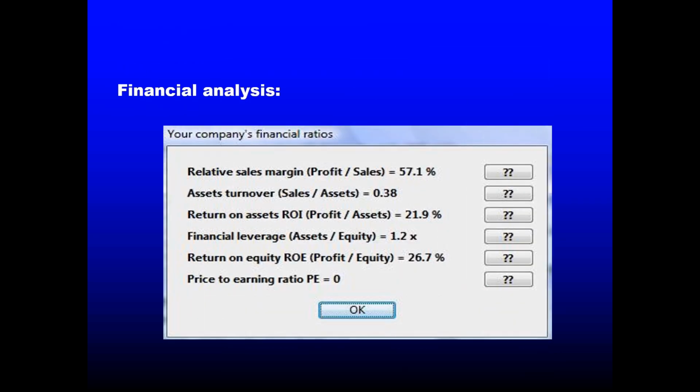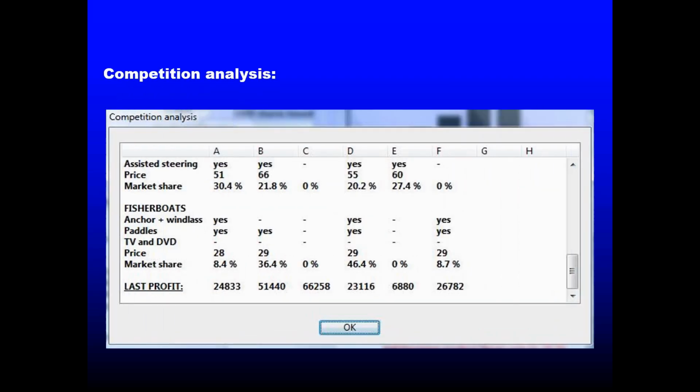Several tools are available as help for taking business decisions. As an example, students may use the module of financial analysis, with the key ratios of the company they manage. They can also compare the achievements of their company to some results of competitors.